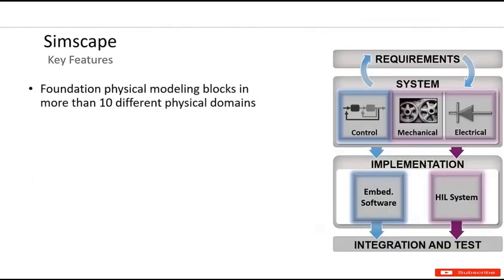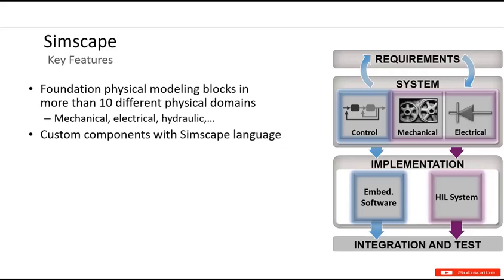So basically Simscape has foundation blocks for more than 10 different physical domains, which include mechanical, electrical, hydraulic, and so on. And also you can create your custom components with the Simscape language.